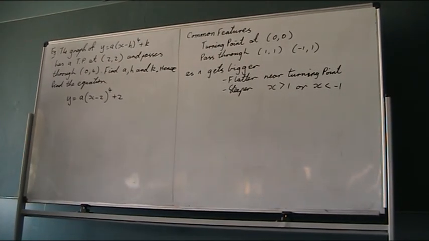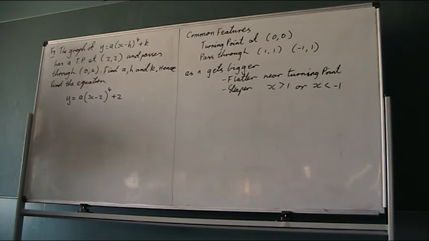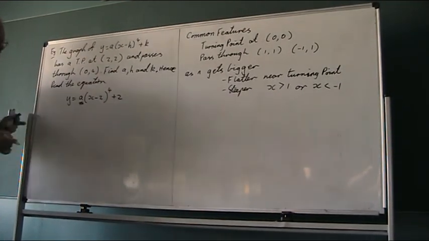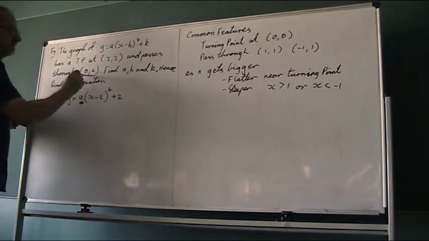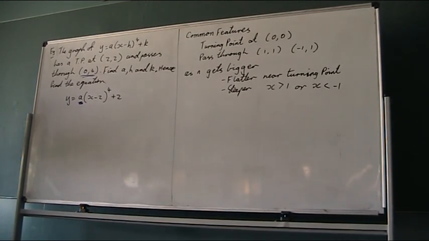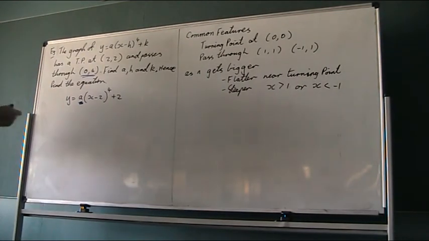Now, I've got one other thing that I need to find out, and that's this A, this dilation, and I've been given this other bit of information. So what do I do with that? You substitute it. What a great idea.